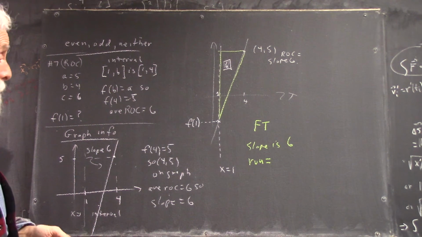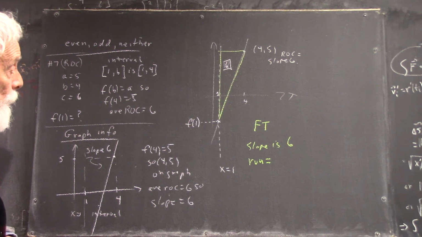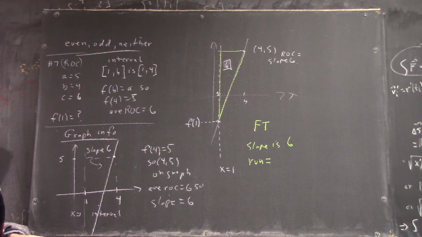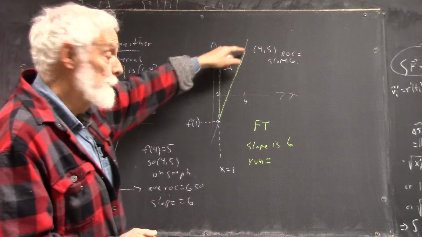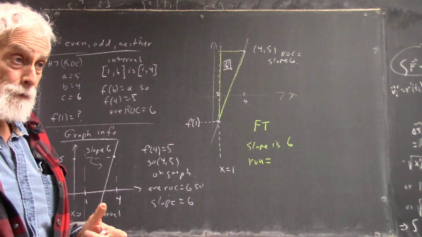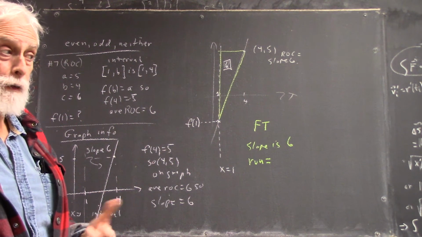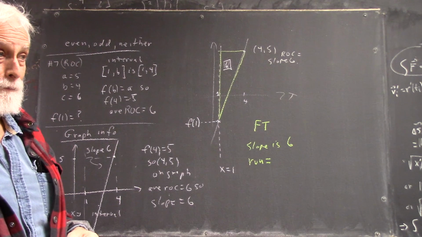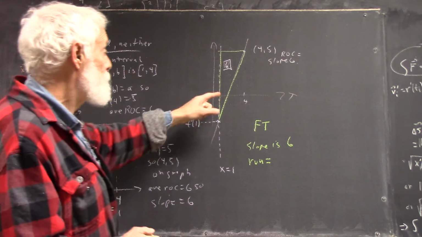F of 1 is the y-coordinate here. Okay? So slope is 6. What's the run of the triangle that I drew? It's 1. No, that's not the run. X values go from what to what between this point and this point? Yeah, x goes from 1 to 4.